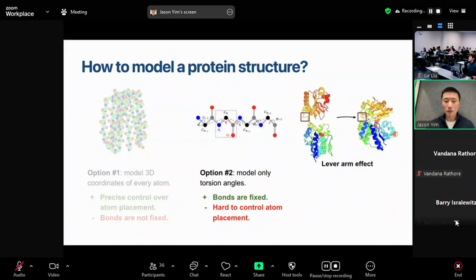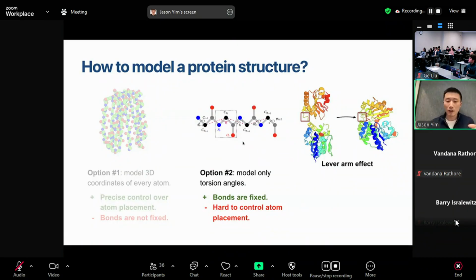The other option that you can think about is to model only the torsion angles that make up the backbone. If you look at a protein structure along the backbone, you can see that they always share these 4 atoms between every single residue. And between them, there are these canonical dihedral angles that you can modulate for how the protein unfolds. This is nice because you're following the physical intuition of proteins more properly, that the bonds should never break.